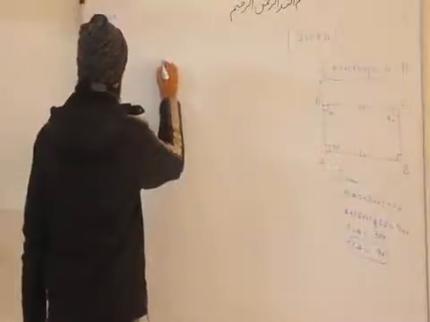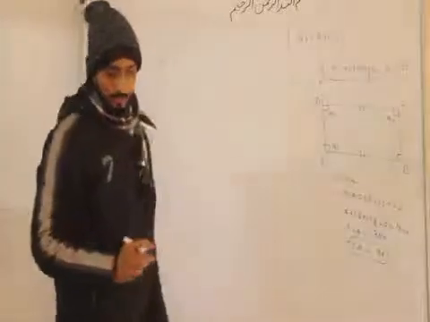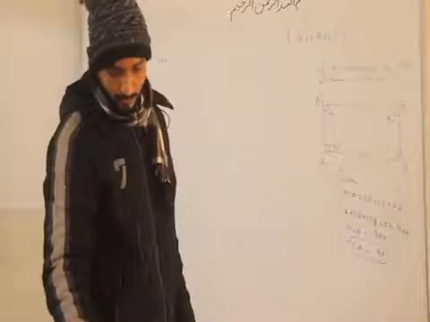Part second. The angles of a quadrilateral are equal. Prove that it's a rectangle.